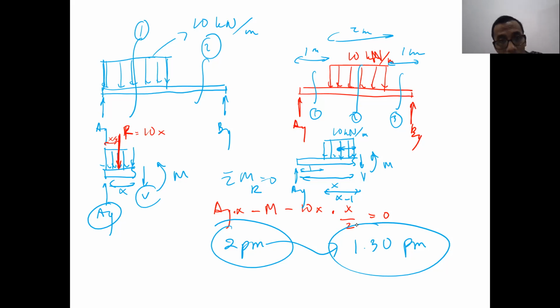So just put the L there, and when you calculate the moment and everything, calculate it from there. But if you are not confident with that, please use the splitting method. Okay, sir. I think that's all. Thank you. No problem.